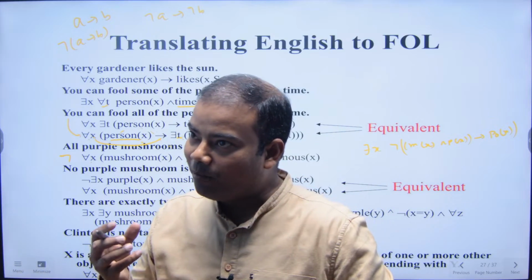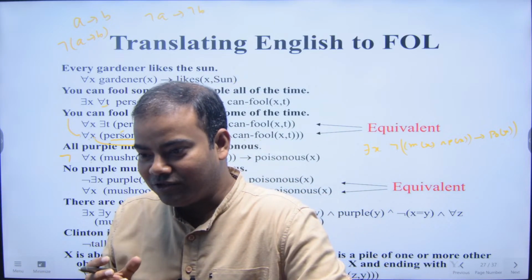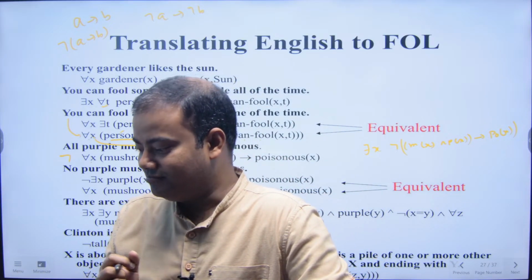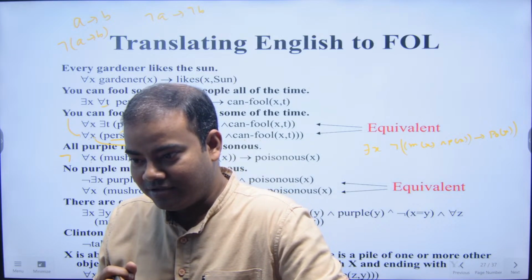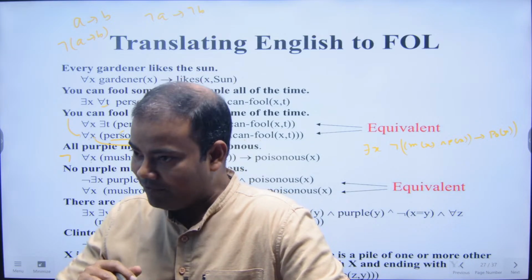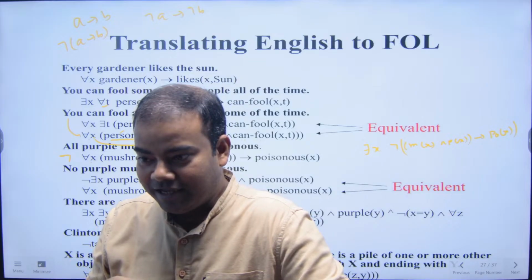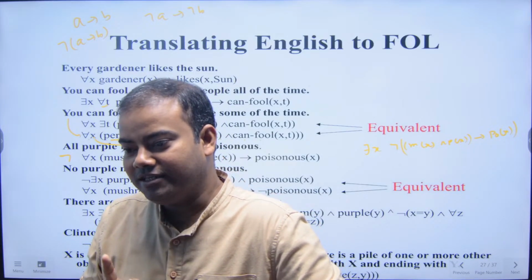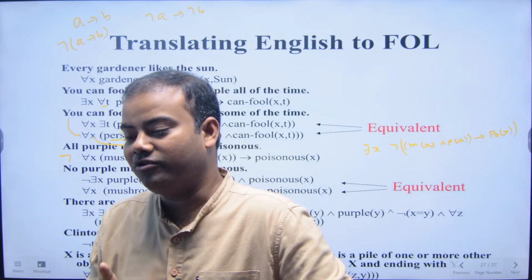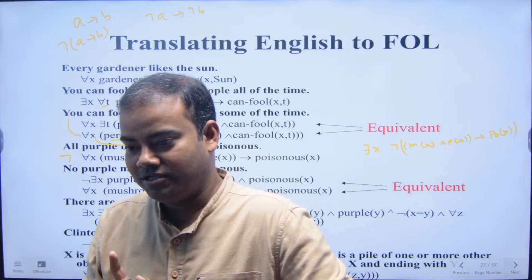The opposite means everyone in this class is stupid. Everyone in this class is intelligent. What is the negation of that? At least one student in this class is not intelligent, or is stupid. Why?